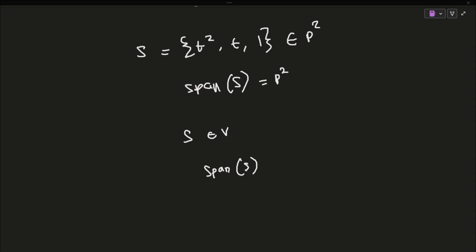I'm not going to do it in the video, but it is a good proof to try and figure out yourself, although it does get a little bit complicated. Just remember to take some sample elements and try to represent the span in a way that you can.